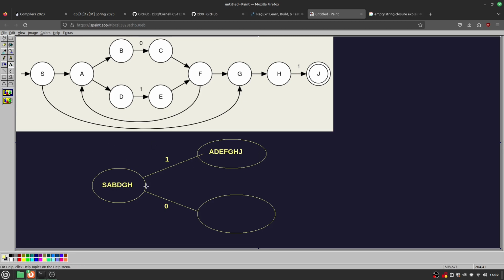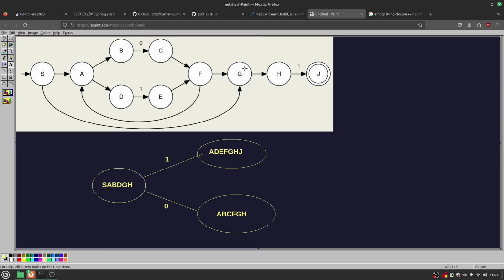Then using 0 as the input, from S we can only get to A, B, C, F, G, H, because we can't progress past H. Then from A, we can only get to B, C, F, G, H. From D, we can't get anywhere.